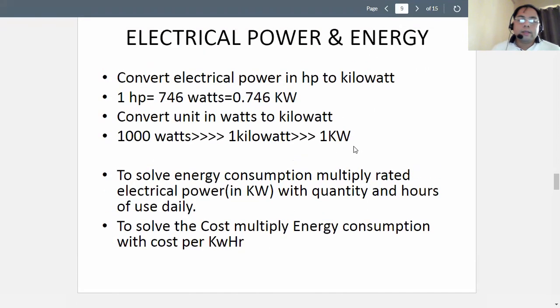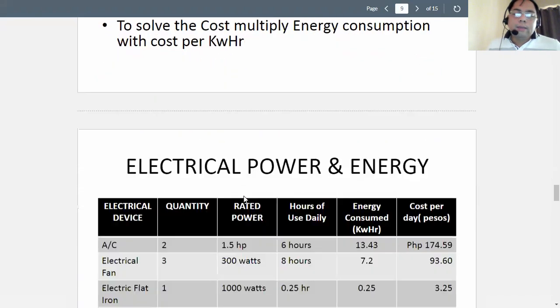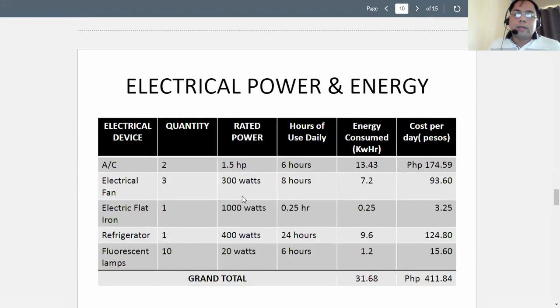Now the cost per kilowatt hour. We have to assume a certain value, maybe 9 pesos for every kilowatt hour, or 11. And then maybe now we need this column. But let's check some of the values here if they are correct. So how did we come up with this answer, 13.43?